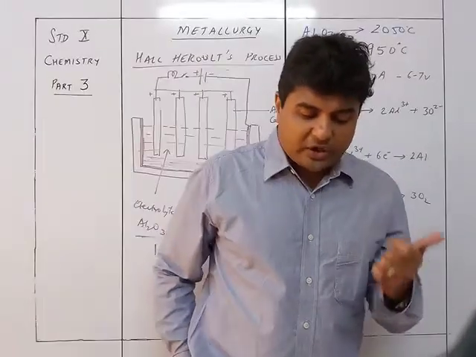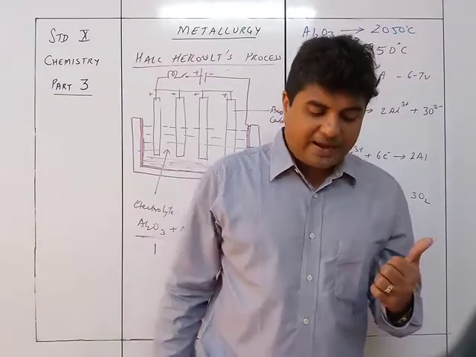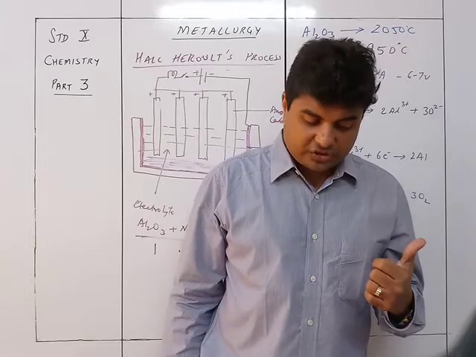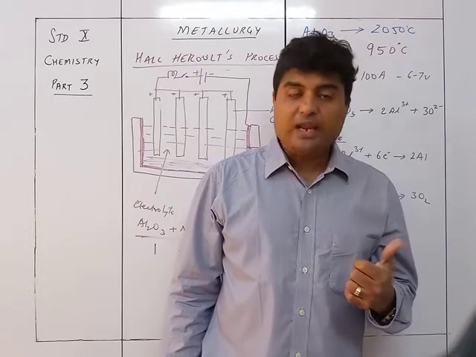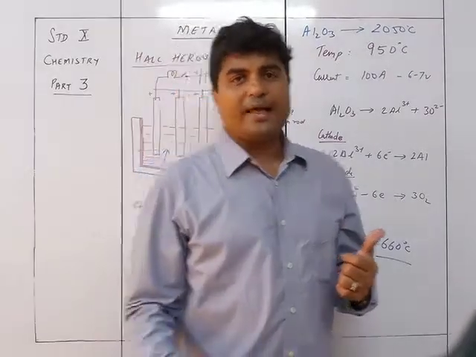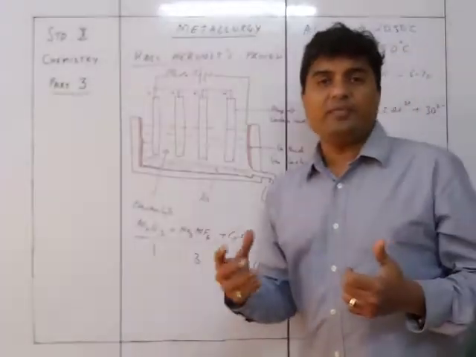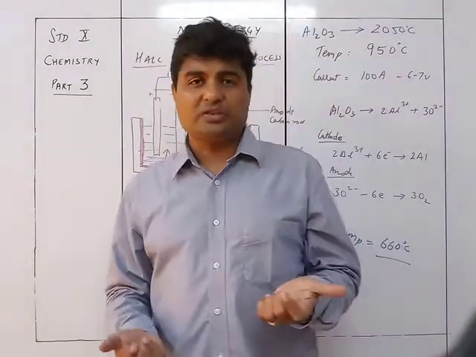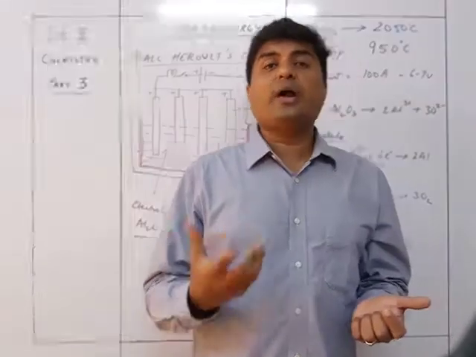Addition of cryolite and fluorspar also enhances the mobility of the fused mixture by acting as a solvent for the electrolytic mixture. Thus, cryolite in the molten state dissolves aluminum oxide. We understood that aluminum oxide, the pure alumina we are using, is not a good conductor.